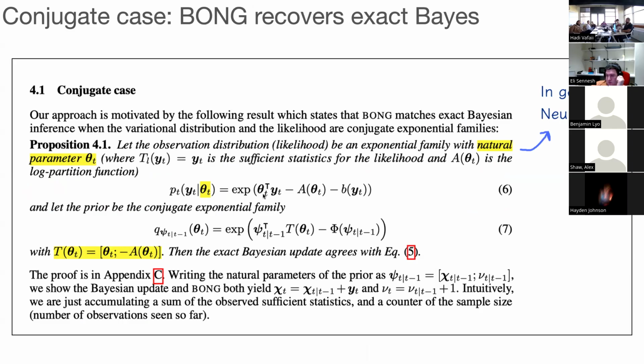Importantly, the natural parameter is theta, which is a very big oversimplification, because in general this is going to be a neural network. Instead of a neural network with parameters theta that accepts some input x and outputs a vector you use as your natural parameters, just skip the whole thing and say my natural parameters are theta t, which doesn't even depend on x.